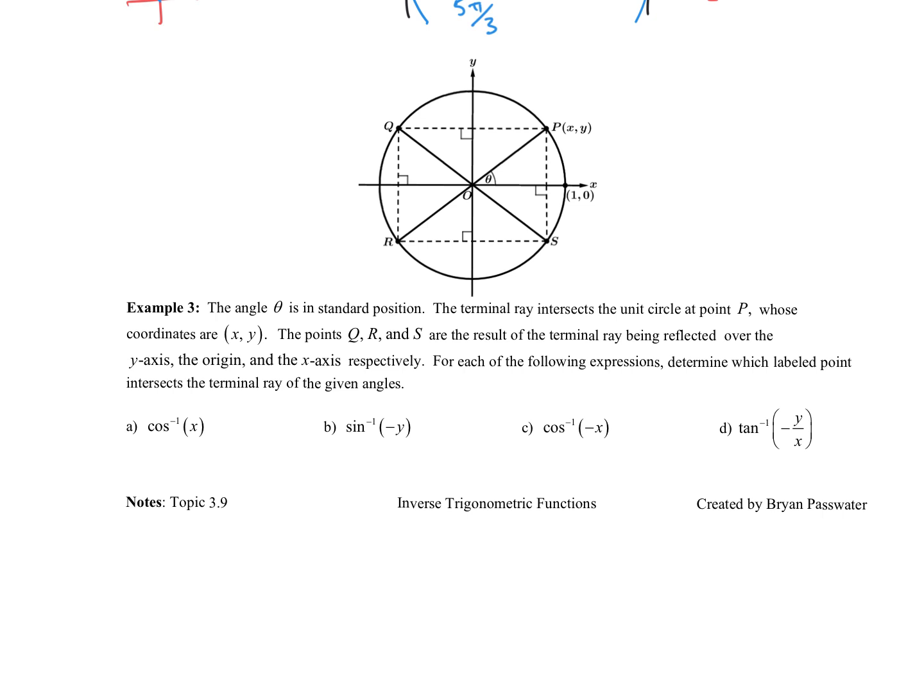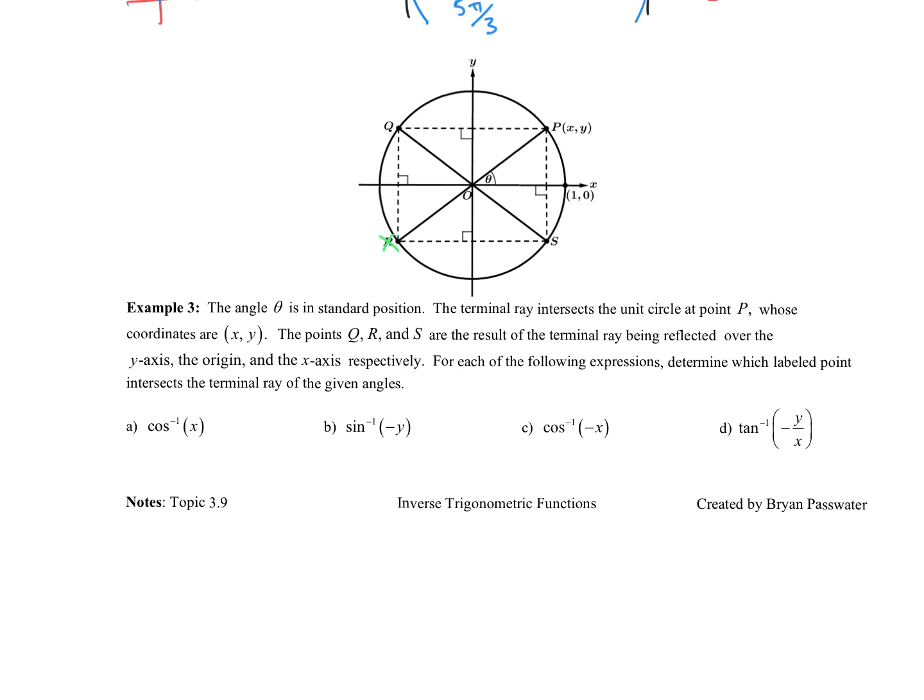So if we have arc sine, arc cosine, arc tangent, what quadrants are we always in between? 1, 2, and 4, exactly. So what point can we cross out right away? R. Is any of the answer choices ever going to be R? Nope. Never, ever. Okay, make sense? Cool. So arc cosine of x. When is cosine going to be x?